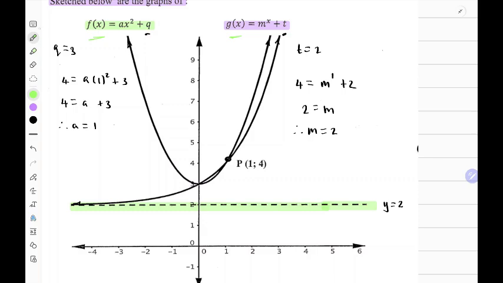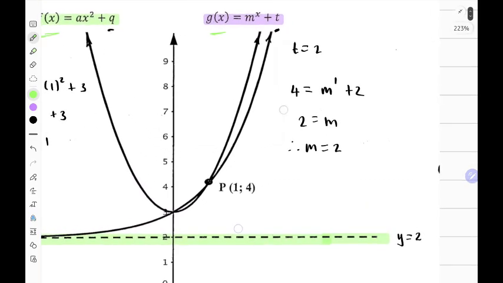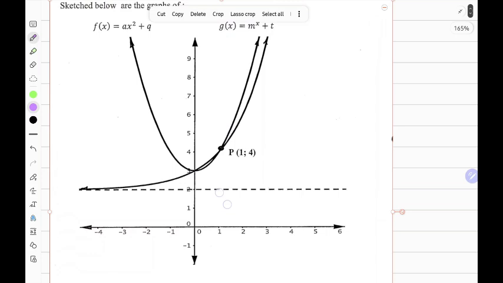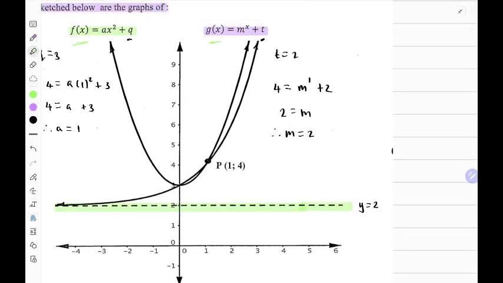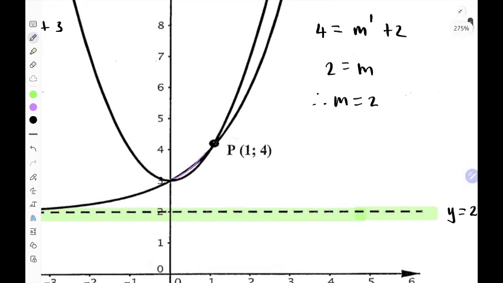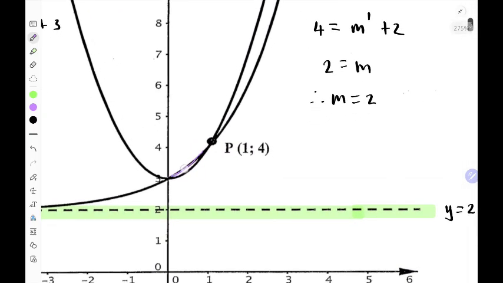If you pay close attention to the graph, it only happens right over there. Let's zoom in there. g of x is greater than f of x here, and it's nowhere else, and they are equal there, and they are equal there.